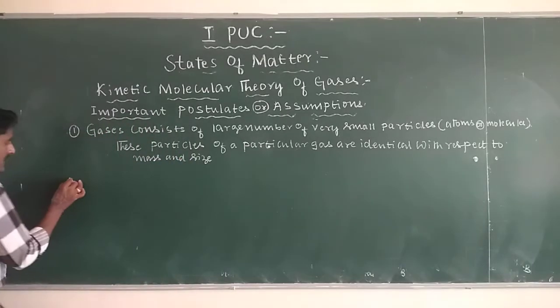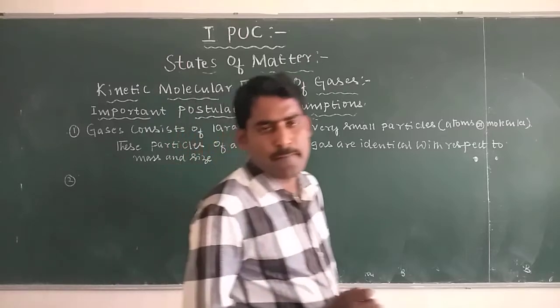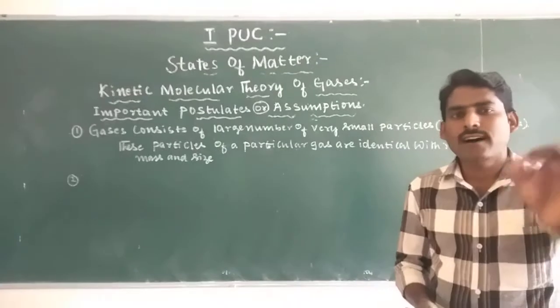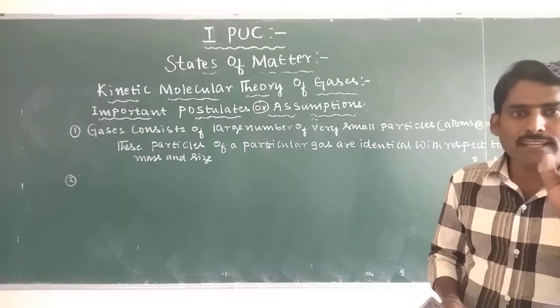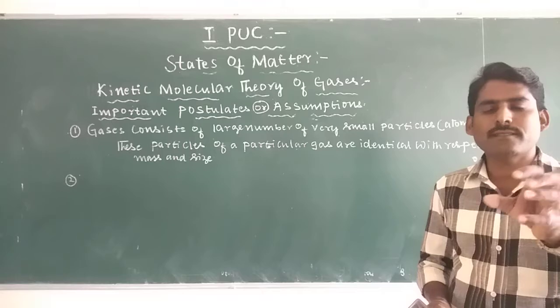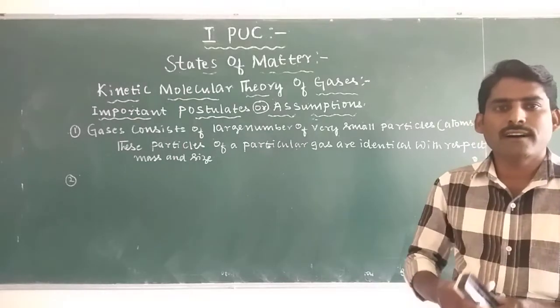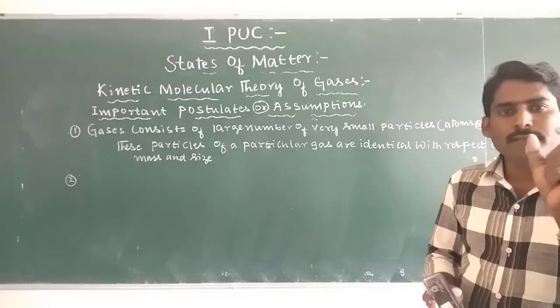And the second one is, the particles of gas are considered as point masses. The particles of gas, that means atoms and molecules, gaseous atoms or gaseous molecules, are taken as point masses.